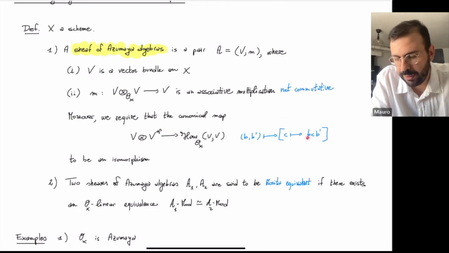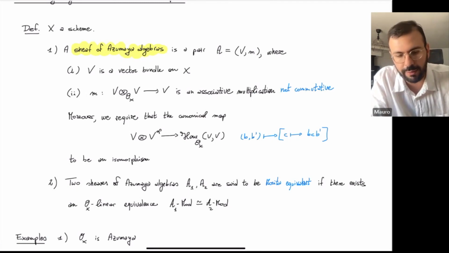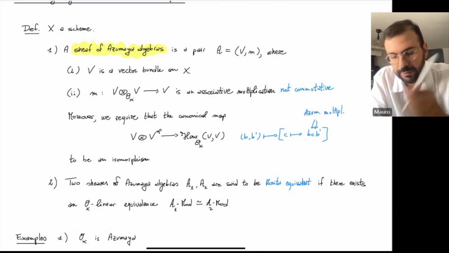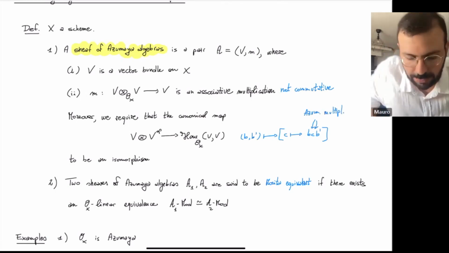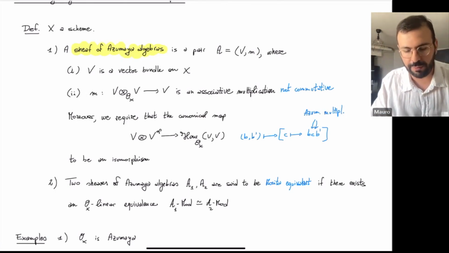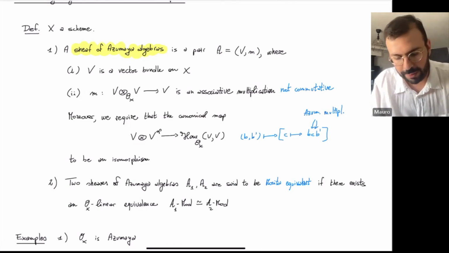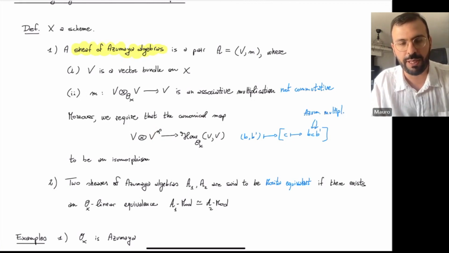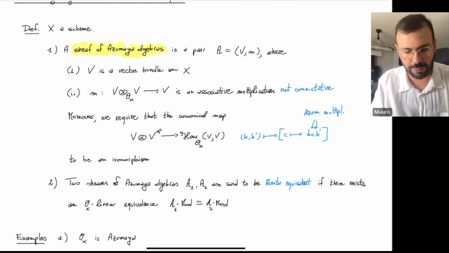Here I'm using the Azumaya multiplication. So you see that it really depends on the product, not just on the vector bundle. Particularly, here there is no V dual. It's really V just endowed with the opposite multiplication.